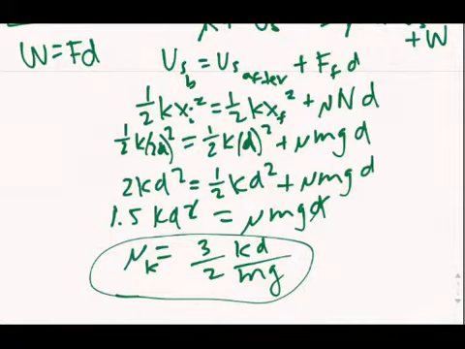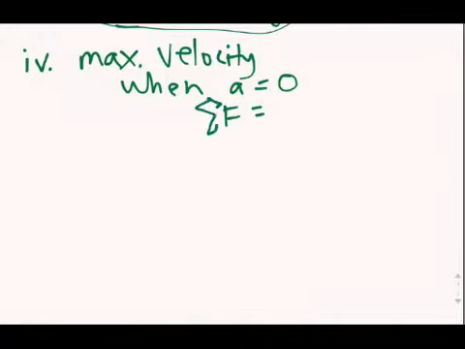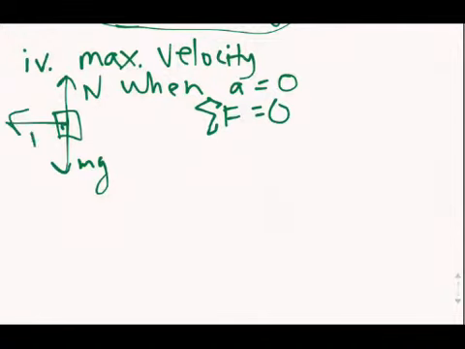Now part 4 asks, what position does it have its maximum velocity? So the key for maximum velocity is when the acceleration equals 0. And in that case, your force is also going to equal 0. So your net force is your spring force minus your force of friction.